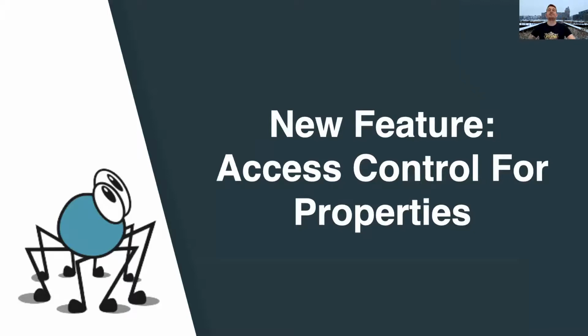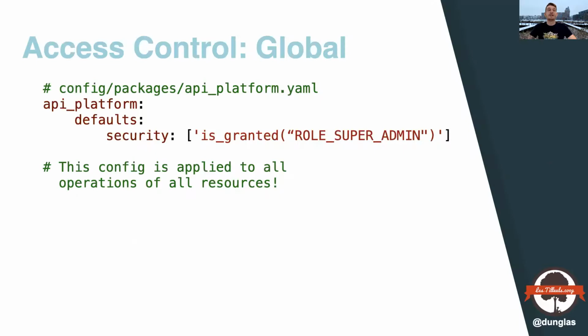Another very interesting feature that has been contributed in API Platform 2.6 is access control for properties. In API Platform, there is a security configuration option allowing to write security rules that will control access to resources.